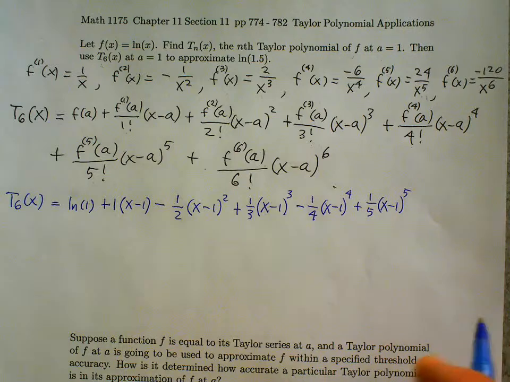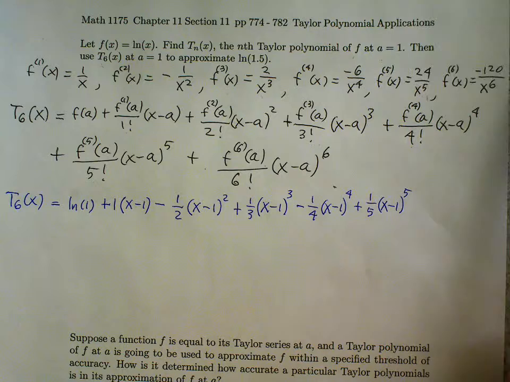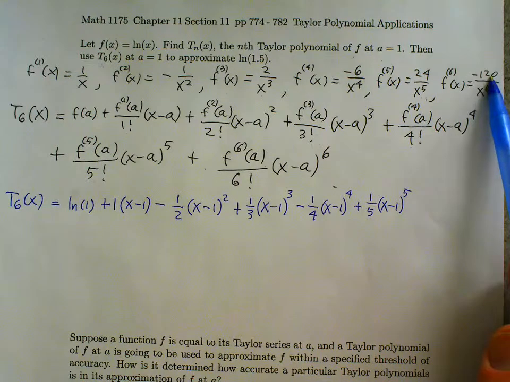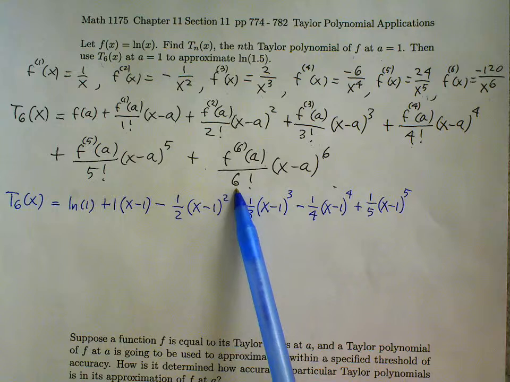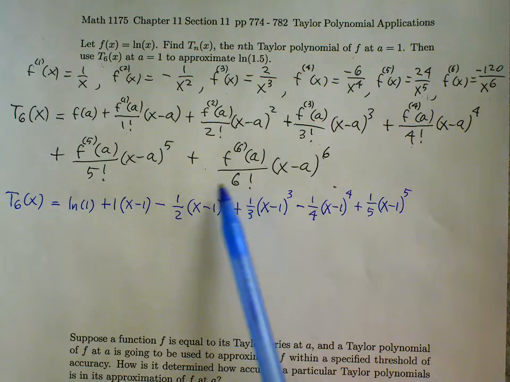And just one more term, the sixth derivative of f of x is negative 120 over x to the sixth. Evaluate that at a equals 1 is negative 120. The coefficient then is negative 120 over 6 factorial, and that simplifies to negative 1/6.